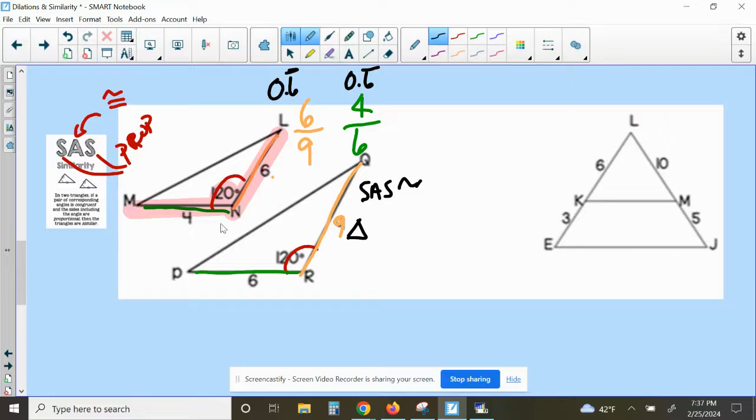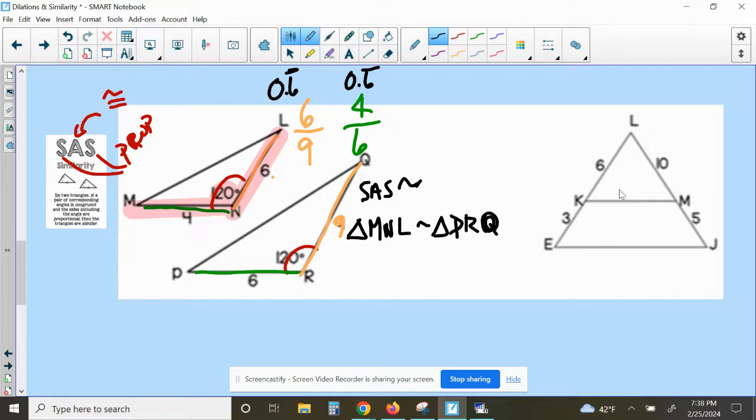I'll do MNL. MNL is similar to triangle. I've got to do it the same way. So where am I going to start in this guy? Over here at this P, and then to the R, and then to the Q. Oh, that's not an L, that's a Q up there.